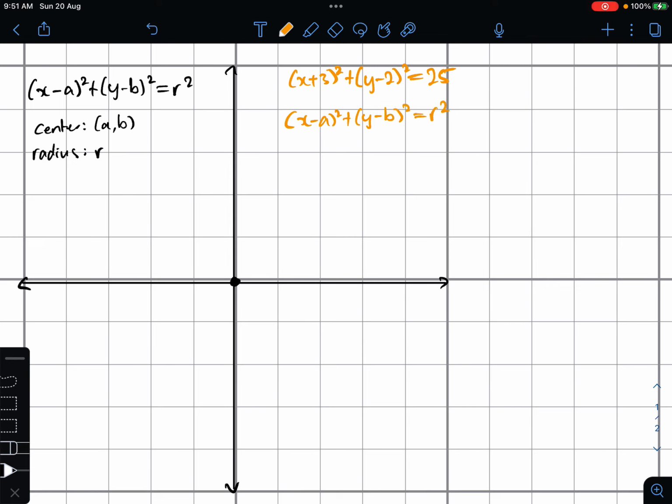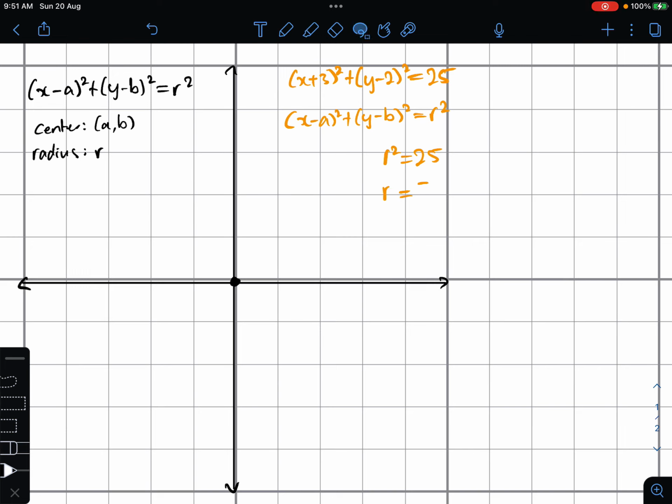So the easiest thing to do is you let these two equal each other. So r squared equals 25. r therefore equals plus or minus 5, but you can't have a negative radius, so you just take the positive case. So we know our radius is therefore 5.